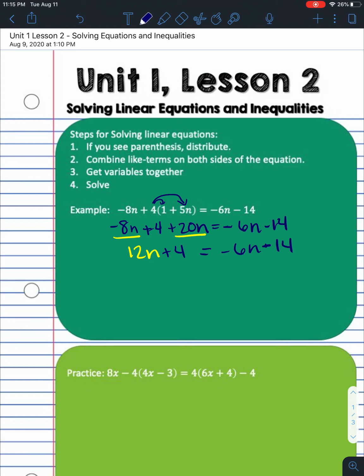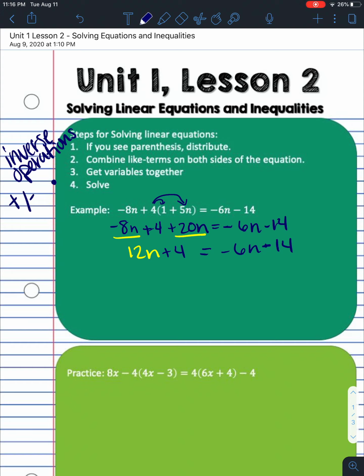Now I want to get my variables together. So now I'm looking at both sides of the equation. I want to move all my variables to one side. Remember, when we move from one side of the equation to the other, we have to use the inverse operation. So the inverse operation of addition is subtraction.